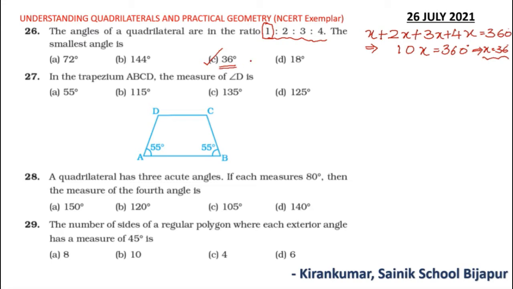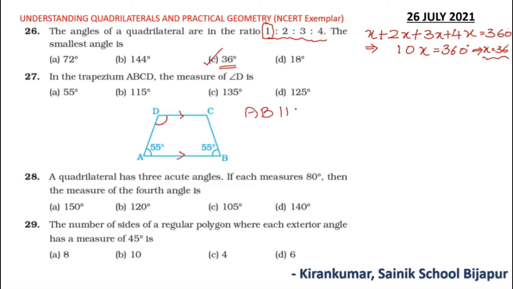Question 27. In the trapezium ABCD, the measure of angle D is. It's a trapezium. We all know that in a trapezium, the adjacent angles are co-interior. Two pairs of co-interior angles are present. So angle D added to angle A is 180 degrees since these two sides are parallel to each other.